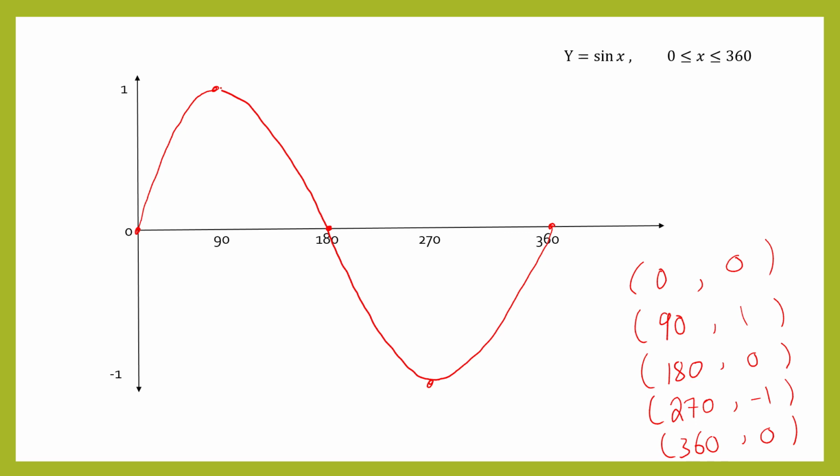You need to plot the 5 main angles when you're asked to draw in this range. If you want to find some angles in between, it's fine, but these are the 5 main angles. And here is how the graph looks. It has one top on the positive side of the y-axis and one bottom on the negative side of the y-axis.